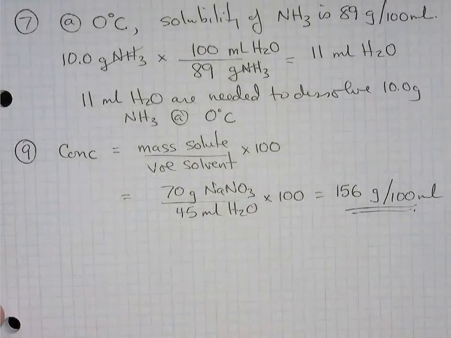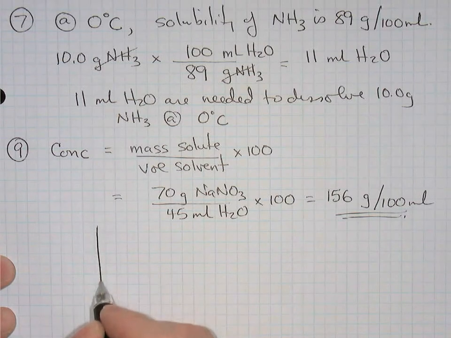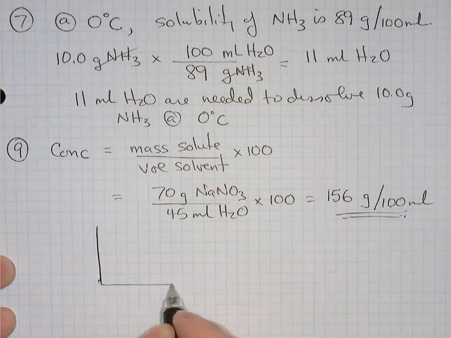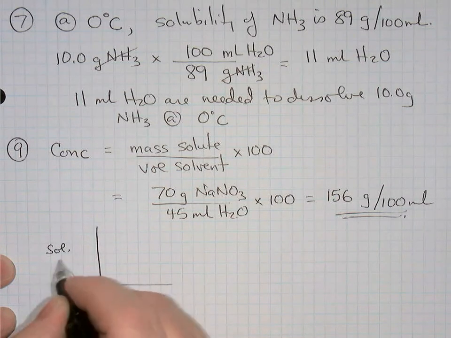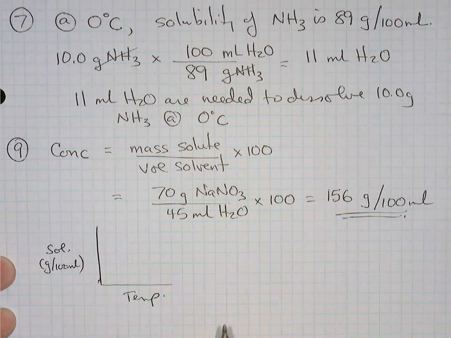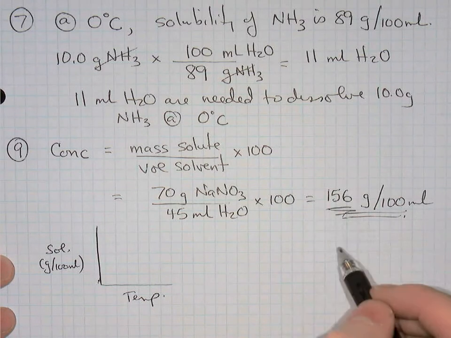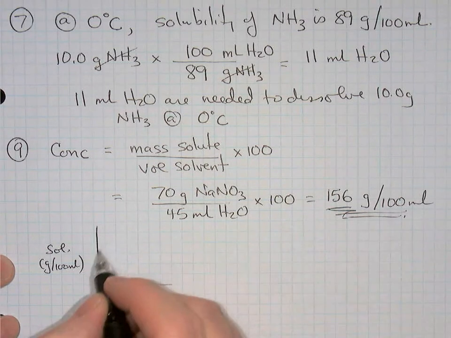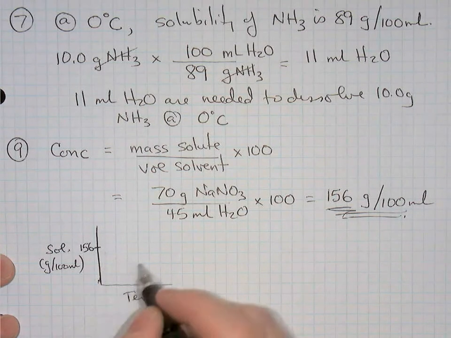To show that in my answer, I'm going to just sketch my solubility curve. I'll put temperature on the x-axis, solubility on the y-axis, and this is in grams per 100 mils. And what we're doing essentially is asking, when is the solubility equal to the concentration that we're trying to make? So find 156 on the y-axis.